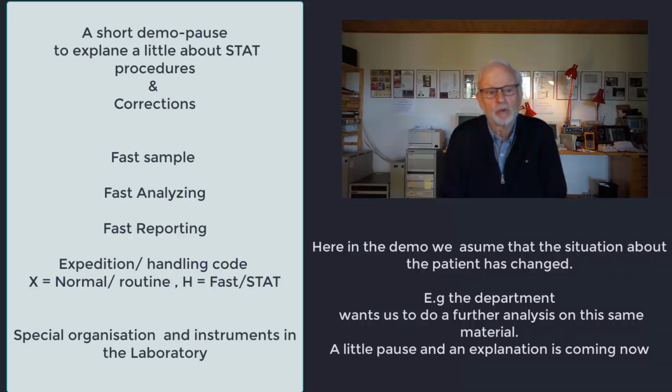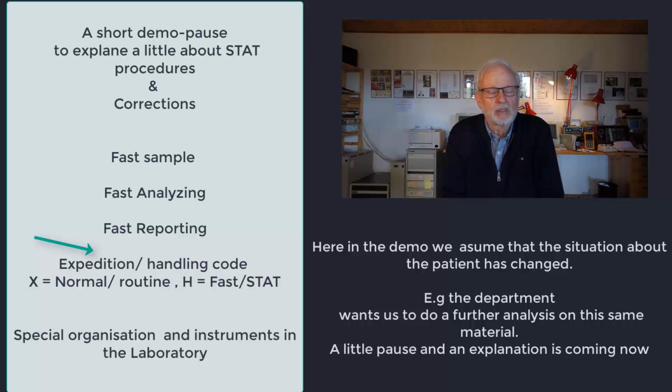For example, routine analysis and acute analysis called stat analysis. You could mark the routine analysis with an X or the stat analysis with an H, and then handle the samples and the information according to this marking.